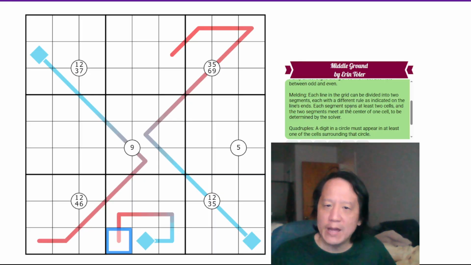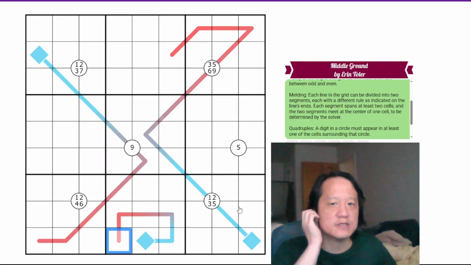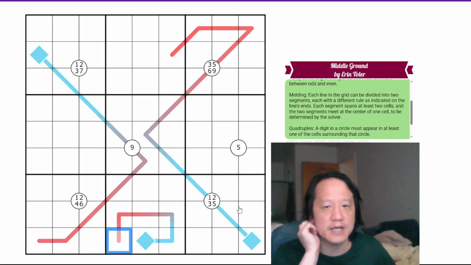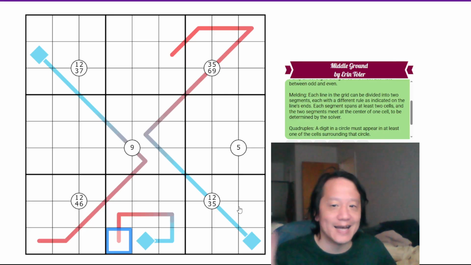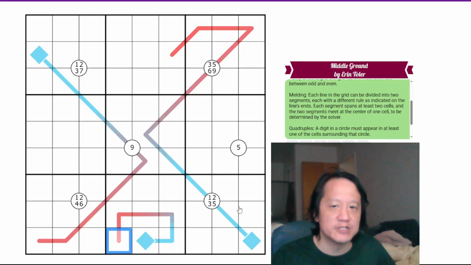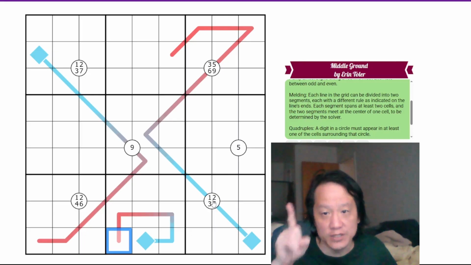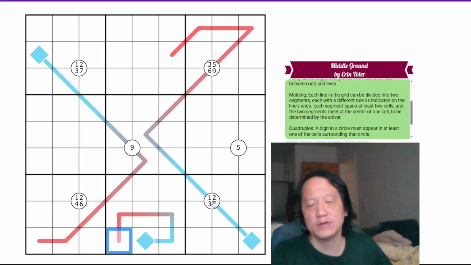And we have melding, where each line in the grid can be divided into 2 segments, each with a different rule as indicated on the line's ends. Each segment spans at least 2 cells, and the 2 segments meet at the center of one cell to be determined by the solver.